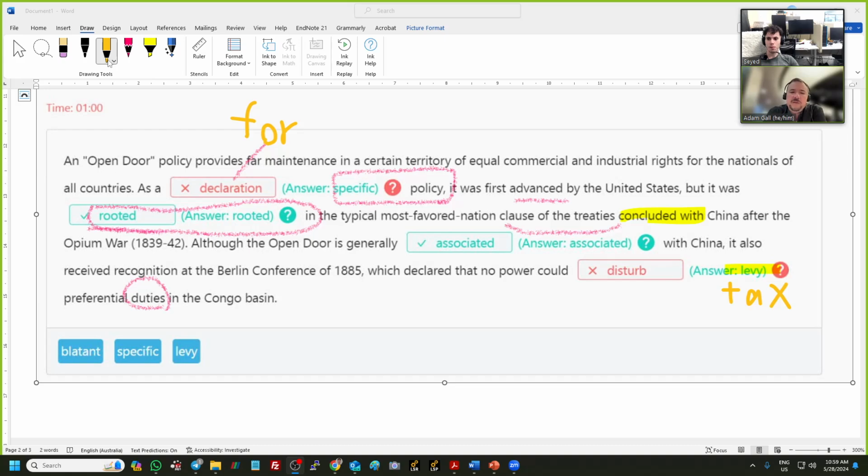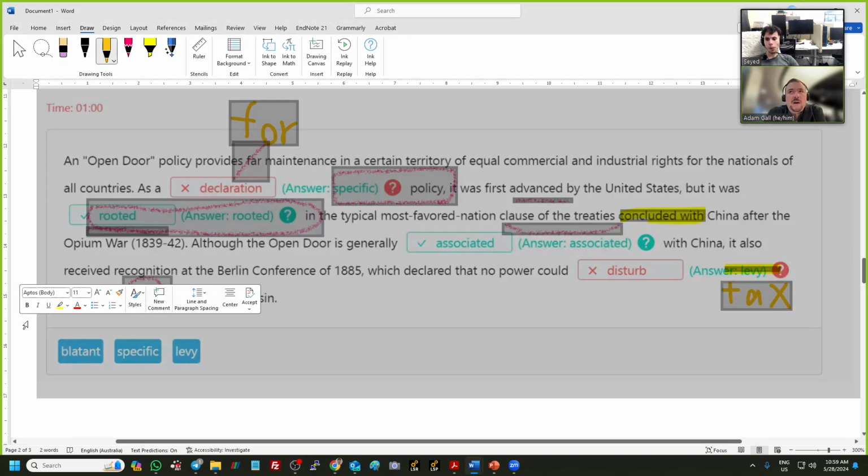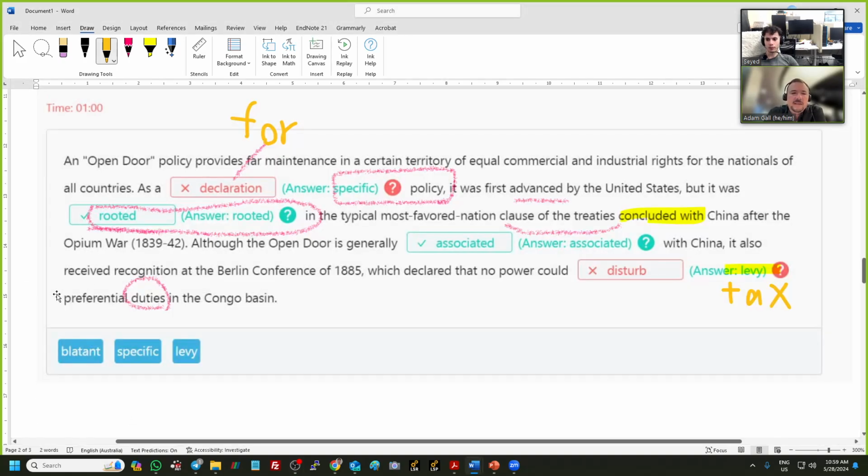So preferential duties. I think in the case of the Congo, it was about European countries competing with each other. And this decision was about saying that just because you had more control politically over that part of Africa didn't mean that you could prevent other countries from selling their goods there. Preferential is giving preference to.